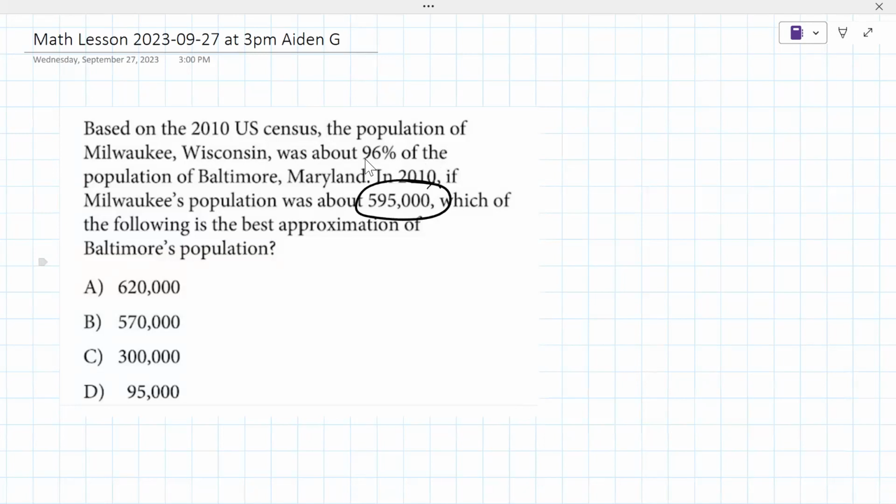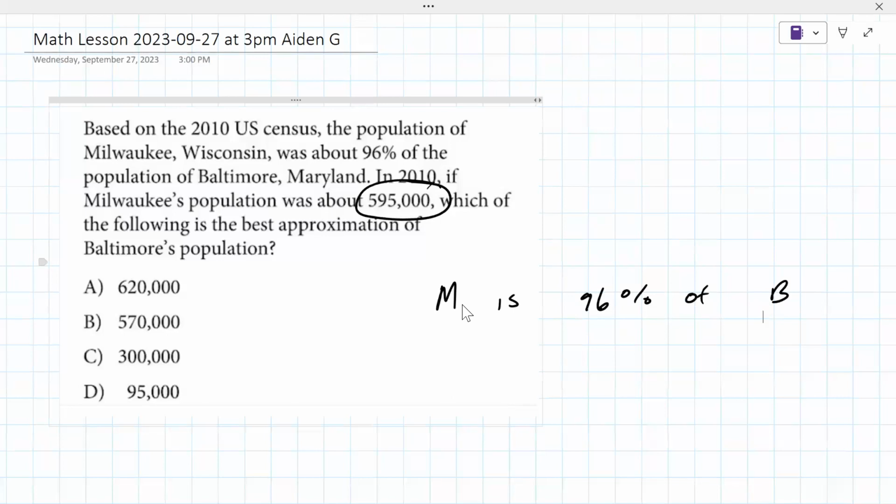Sometimes you want to just use letters, like M. M is 96% of B. So is B bigger or smaller than M? Is M 2010?